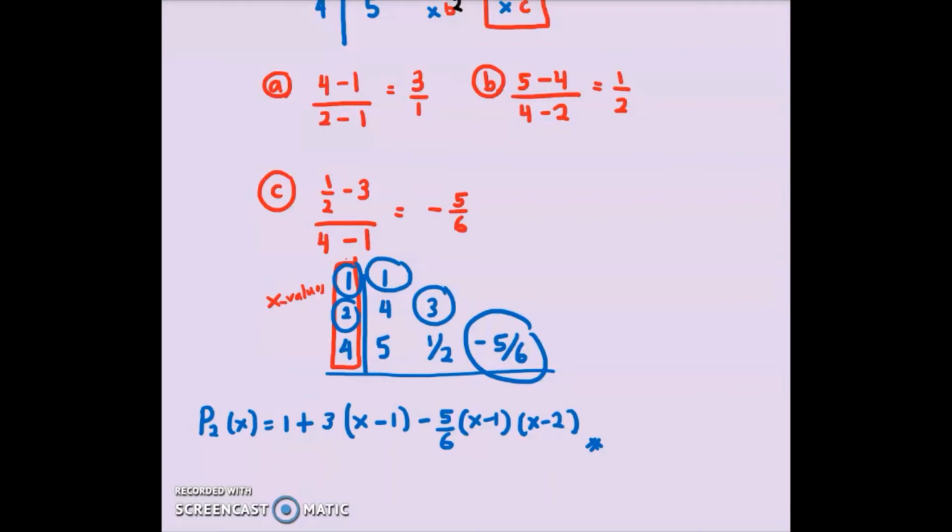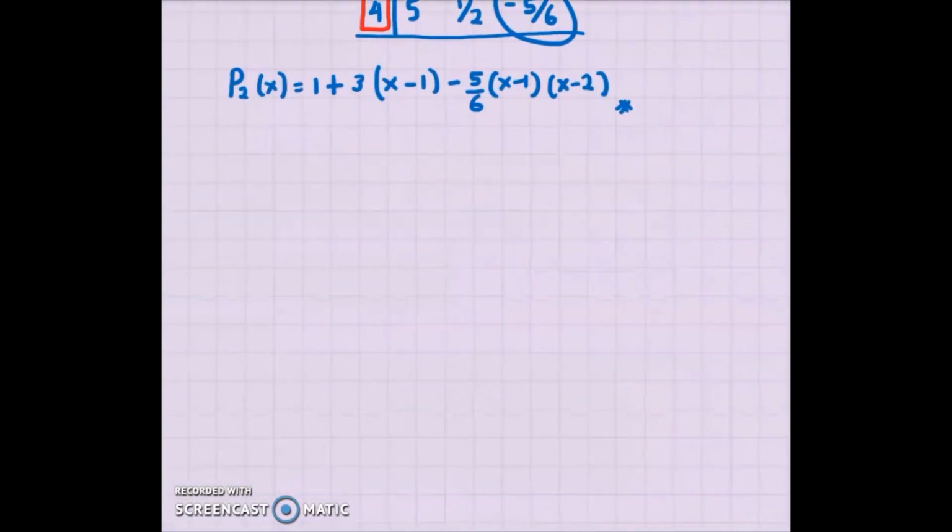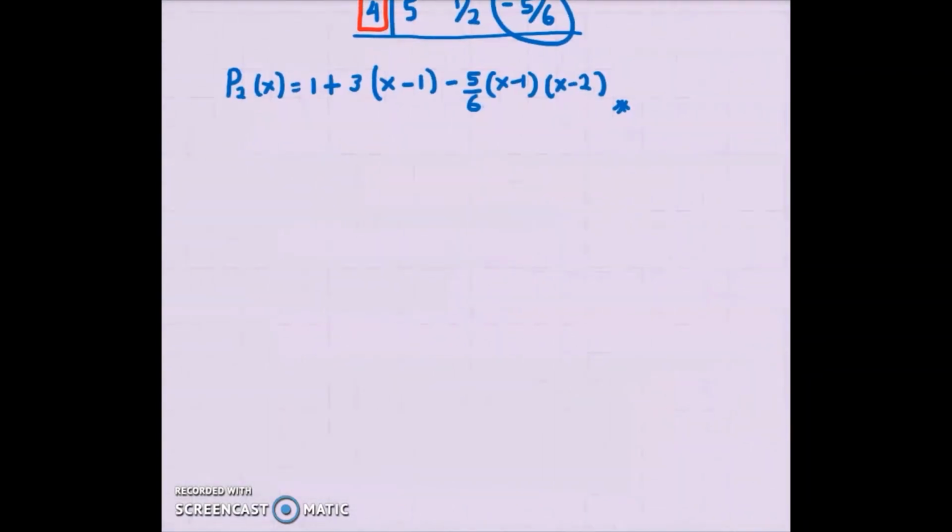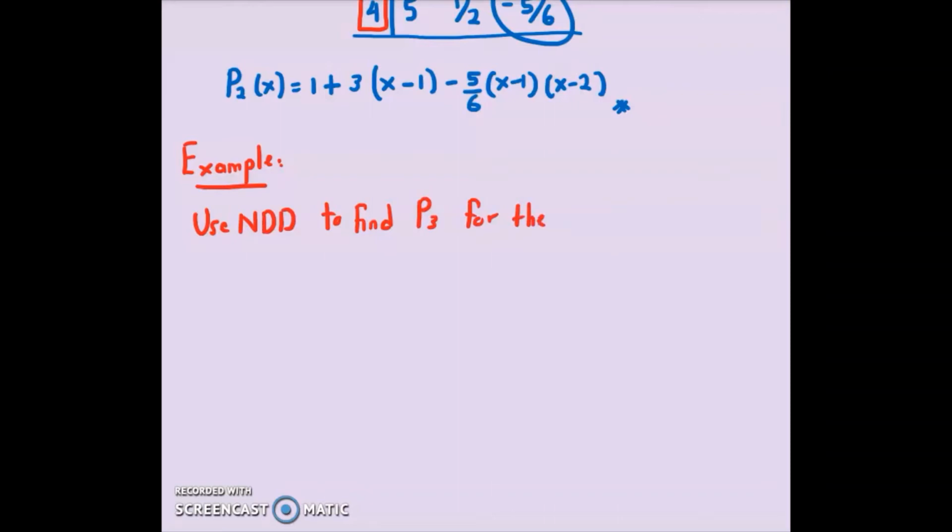Okay, now what if you have many sets of data? Okay, for example, let's look at another example. Okay, so I have this question like this. Use NDD to find the interpolating polynomial P3 for the data points.